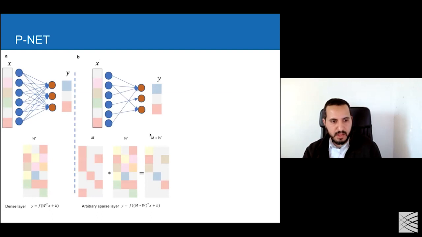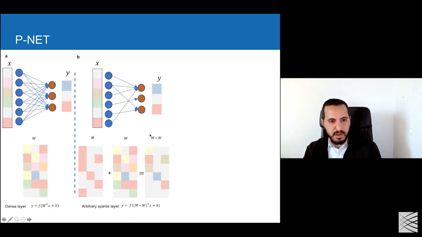However, if you would like to model an arbitrary sparse layer, probably you can use another matrix M here that represents the adjacency matrix between the input and the outcome. And by multiplying M by W, you can get a masked new weight matrix that you can train in your training algorithm.